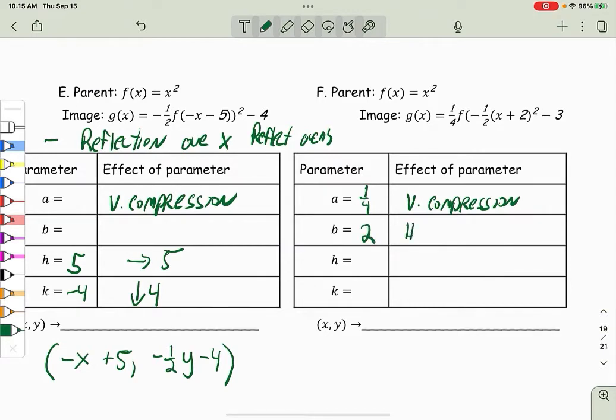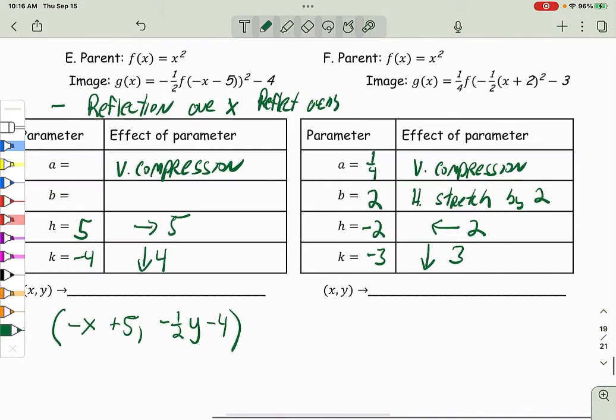and it's a horizontal stretch by 2. My h value is a negative 2, which means I'm going left 2. And my k value is minus 3, which takes me down 3.